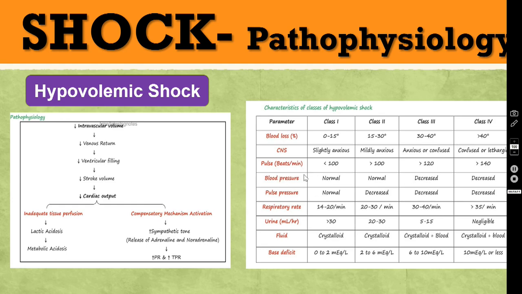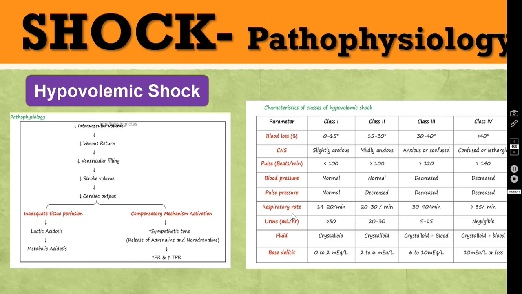Coming to the blood pressure, in class 1 and class 2, the blood pressure is normal, whereas in class 3 and class 4, the blood pressure will get decreased. Coming to the pulse pressure, it is normal in class 1, whereas the pulse pressure is decreased in class 2, class 3, and in class 4 hypovolemic shock.